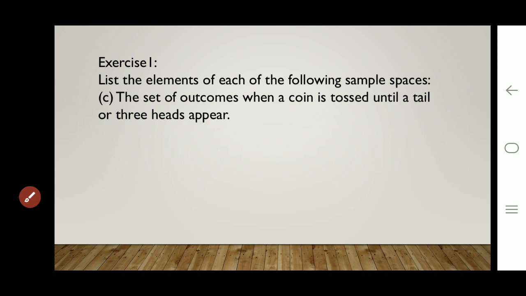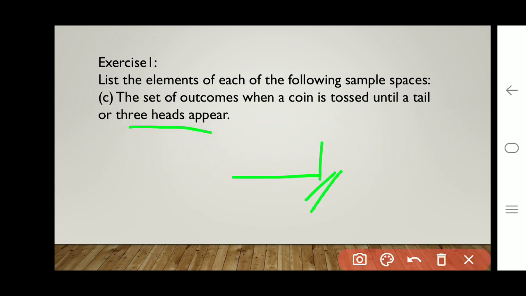Another example, the set of outcomes when a coin is tossed until a tail or 3 heads appear. Paano ba i-identify yun? So, sabi dito, magtotoss siya ng coin hanggat hindi siya nakakakuha ng tail or hanggat makakuha siya ng 3 head.